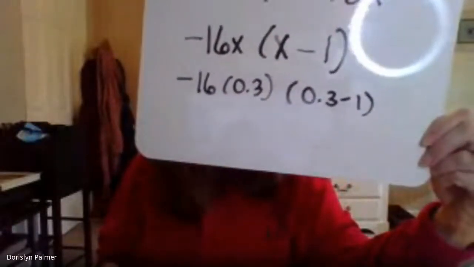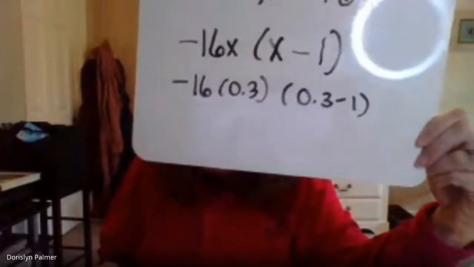Okay, you're going to do negative 16 times 0.3. And inside, you're going to do 0.3 minus 1.